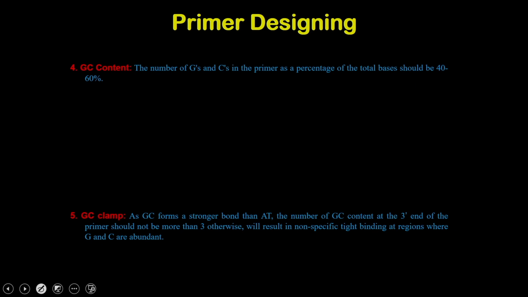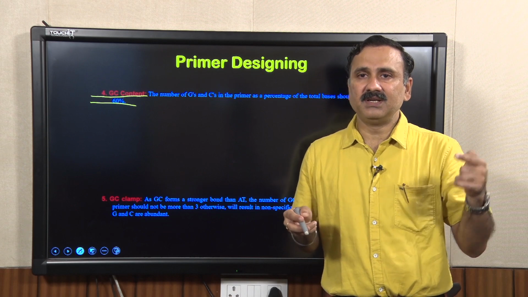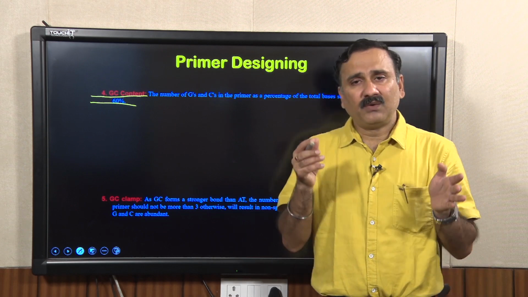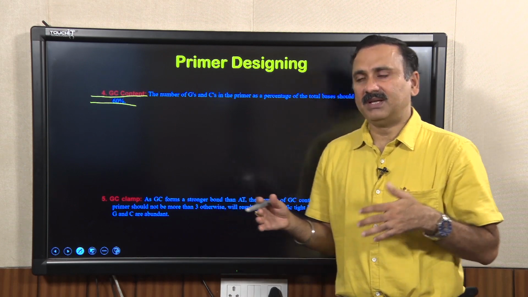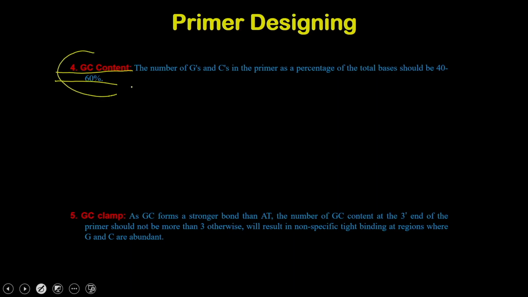Apart from that, you also have to consider the GC content, because primer melting temperature as well as the annealing temperature depend on the number of G and C present in the primers, and that is why the percent GC content is also very important.